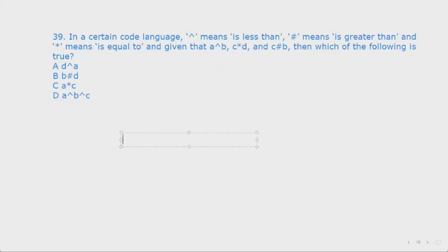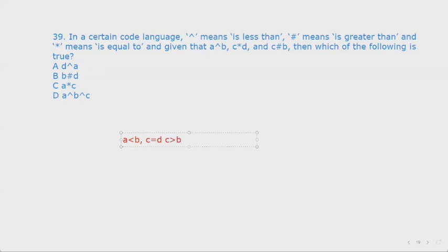So A is less than B, C is equal to D. I'm just encoding it, nothing else. C hash B, C is greater than B. So which is true?